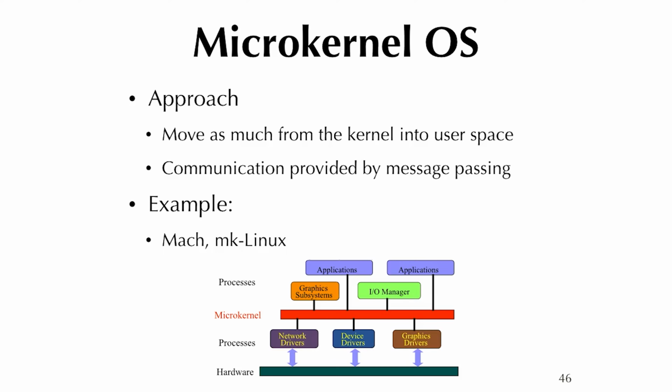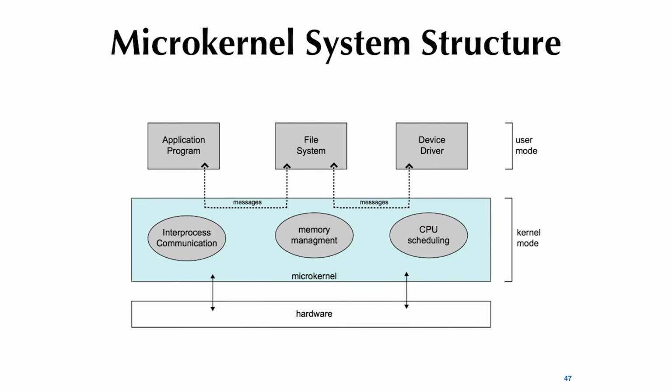But yes, you do still make a system call into the OS, but then the OS does a few things, sets up the process and says, hey, okay, I'm going to route this to this other user process that does that system service for me. You can see it's a much more modular structure. And so this is really the microkernel structure.